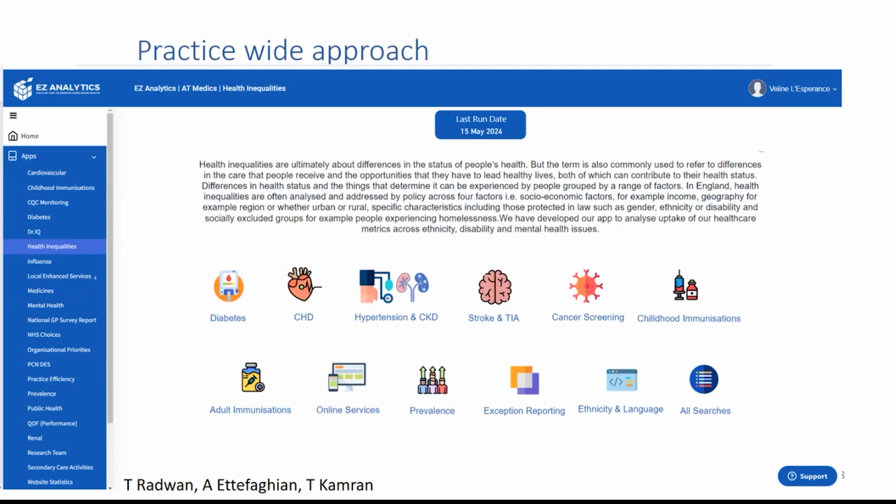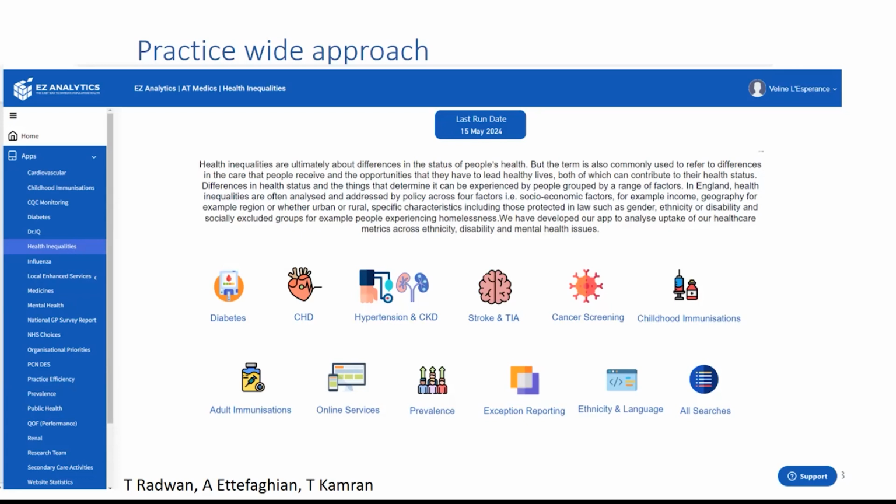And also looking at the different communities we have across all our practices. What languages do they speak? Are we meeting their needs? This sort of dashboard allows you to do that. Most importantly, this dashboard is not just for clinicians, it's for the administrative staff as well.